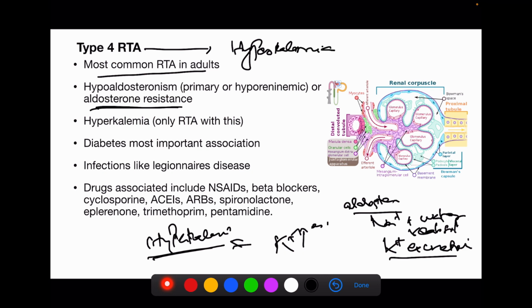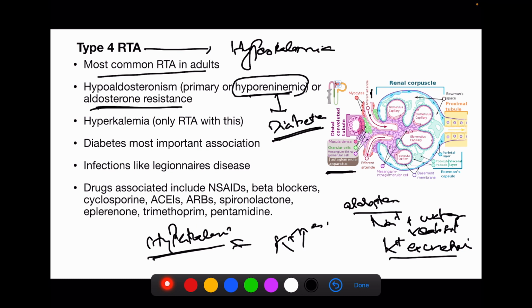Okay, there is another entity called hyporeninemic hypoaldosteronism. What is this? This most commonly occurs in diabetes. In diabetes, there is hyaline arteriolosclerosis of the afferent arteriole. Can you see the afferent arteriole here? This leads to damage occurring in the juxtaglomerular apparatus.